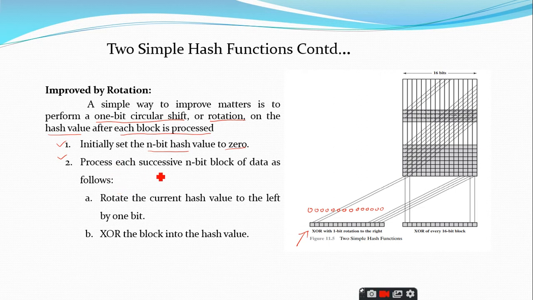The process for each successive n bit block of data goes as follows. Rotate the current hash value to the left by 1 bit and then XOR the block into the hash value. This is what we are going to do in this rotated XOR operation. You can either shift it towards the left or towards the right, nothing wrong in it.